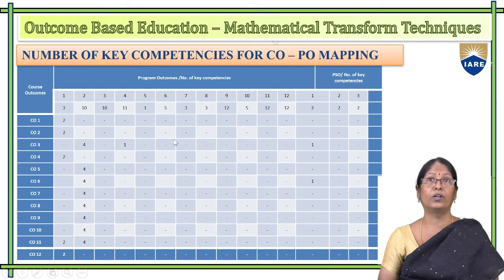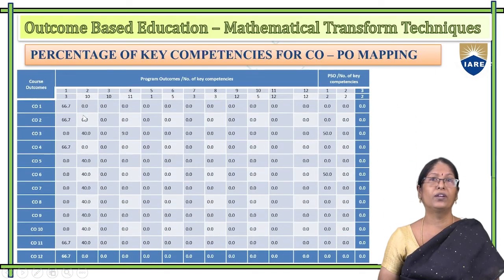Now we will do the percentage. It's a very easy way to calculate the percentage. Here the 2 is replaced by the percentage calculation, that is 2 divided by 3 into 100. Here also 2 divided by 3, whereas here 4 divided by 10, we have to calculate the percentage. We can see it in the next slide.